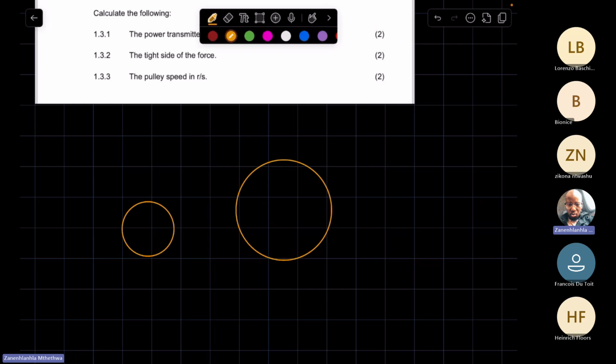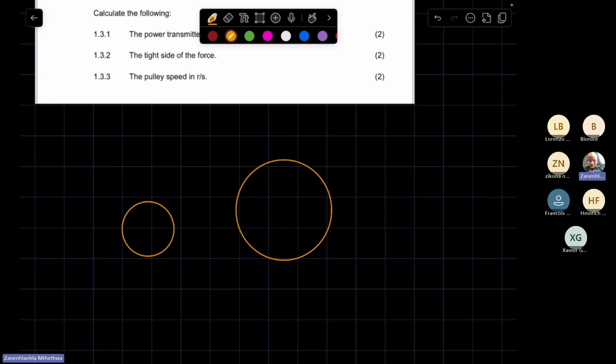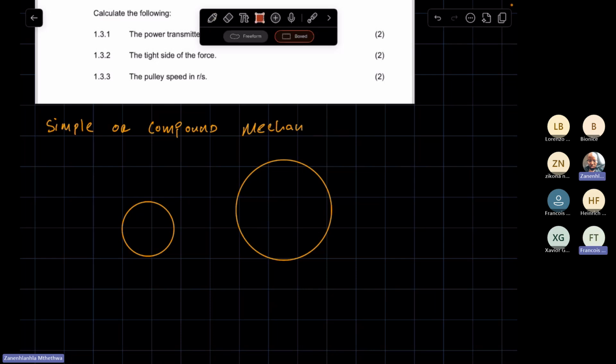Now belt drives make use of pulleys. So you would get, for instance, two pulleys, depending on if it is a simple or compound belt drive.